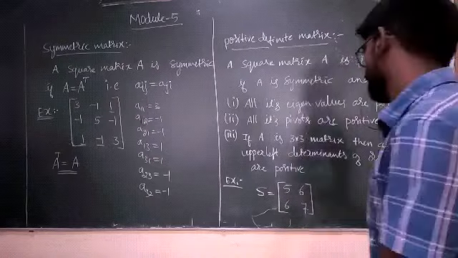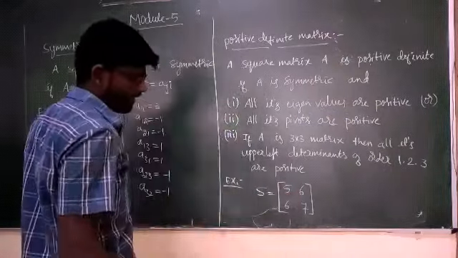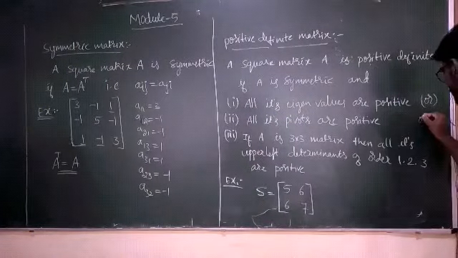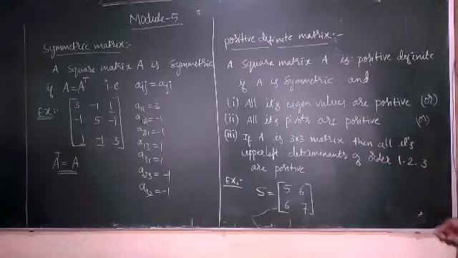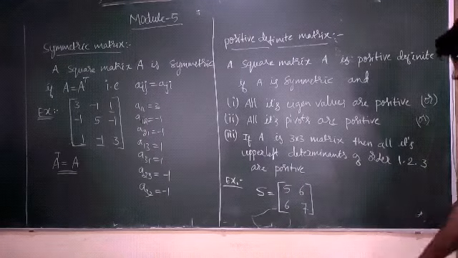Pivots means the diagonal elements. If A is a 3 by 3 matrix, then all its upper left determinants of order 1, 2, 3 are positive. Then we will see an example.